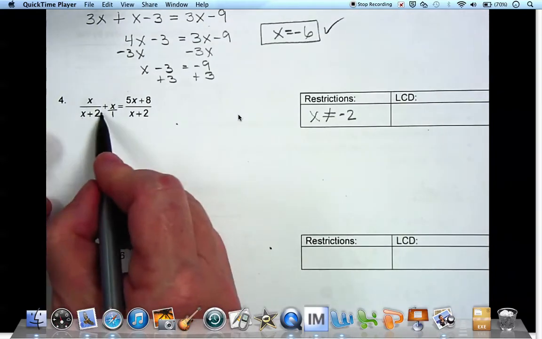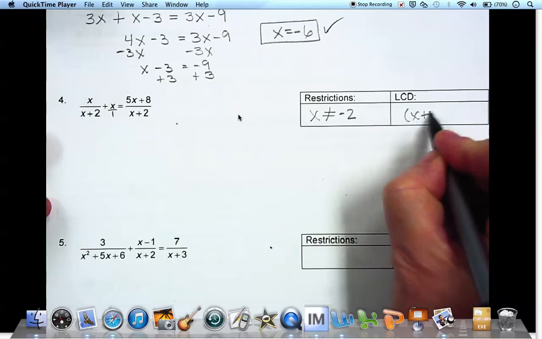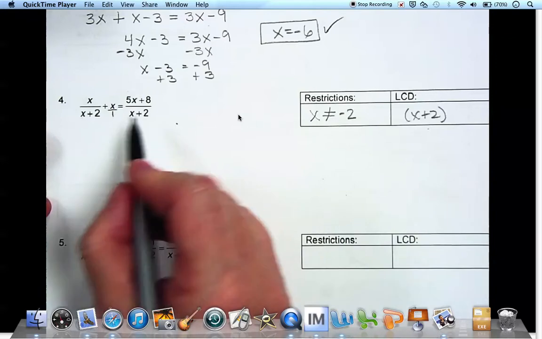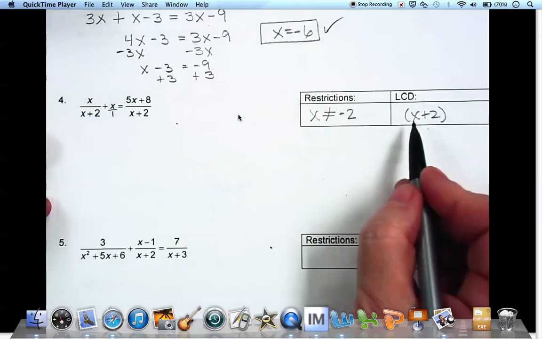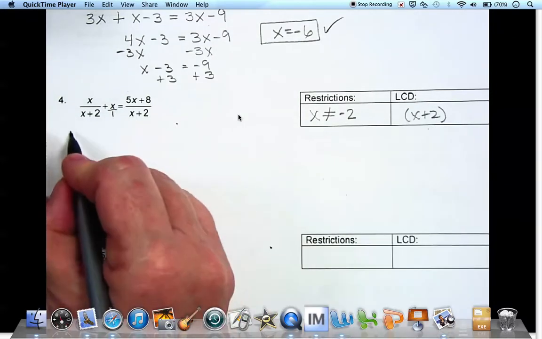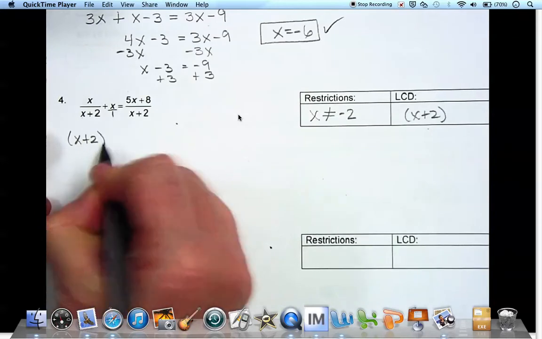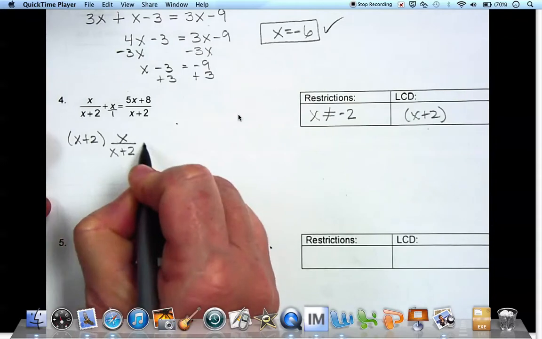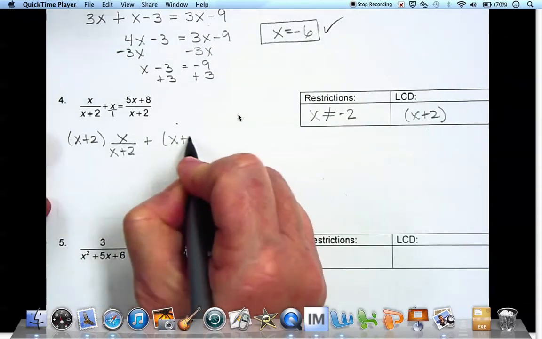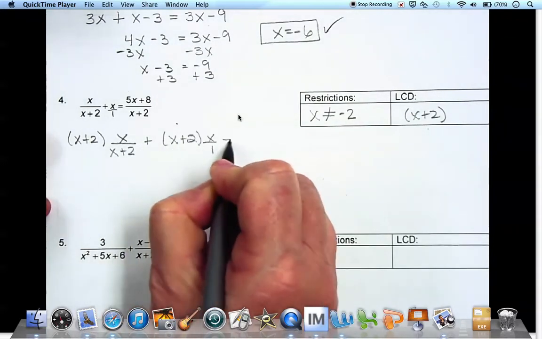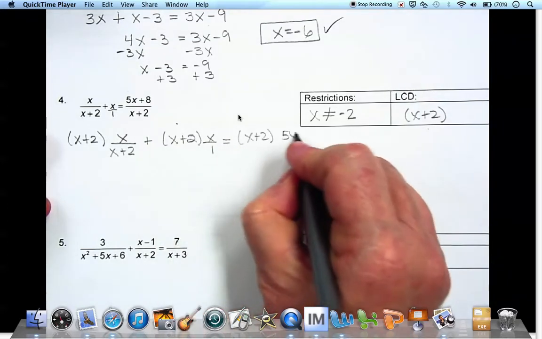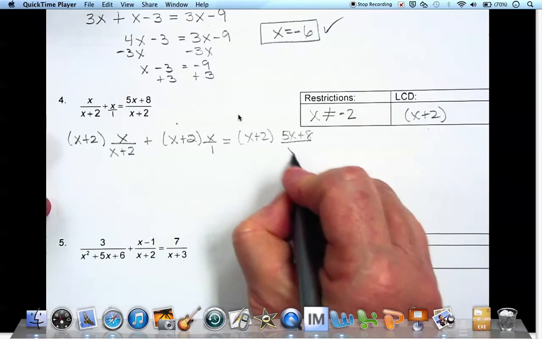Well, we have an x plus 2 here, so we need an x plus 2. We have a 1. We do not have to include the 1. That's automatic. And we have an x plus 2, and we already have x plus 2. So we're going to multiply everything by x plus 2. So x plus 2 times x over x plus 2 plus x plus 2 times x over 1 equals x plus 2 times 5x plus 8 over x plus 2.